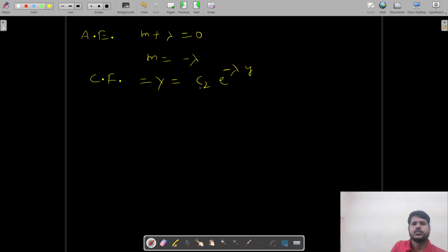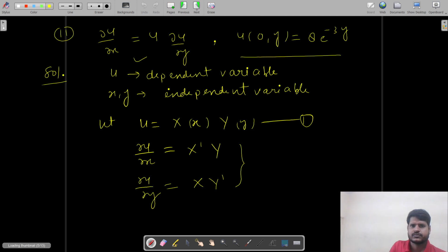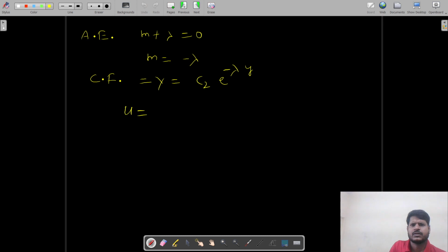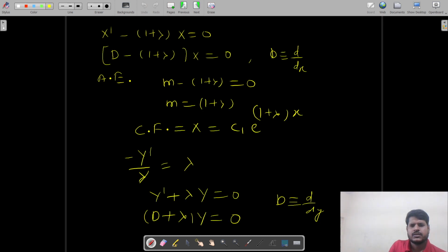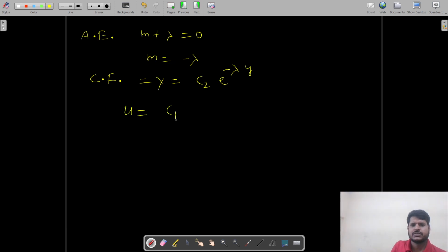Now you have to put the values of X and Y in equation 1. So the solution u is equal to, putting capital X, that is c1 e raised to the power 1 plus lambda into x, now into Y, that is c2 e raised to the power minus lambda y.